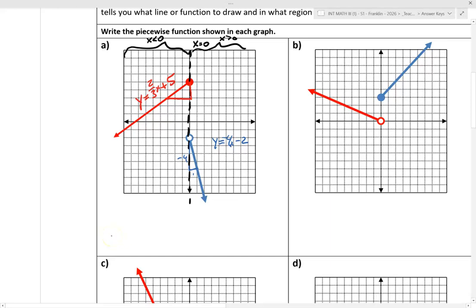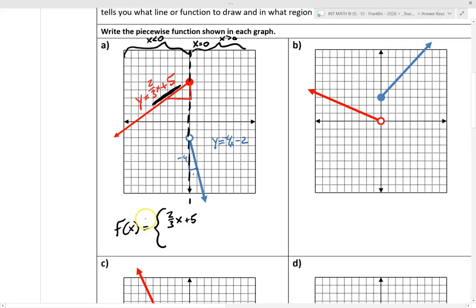Remember, the way these are formatted, we start with the function name f of x. Then we're going to have two lines inside this bracket. Typically you start with the one that is less than 0. So we know that the function equals 2/3 x plus 5, right? We just used the part after the equal sign.